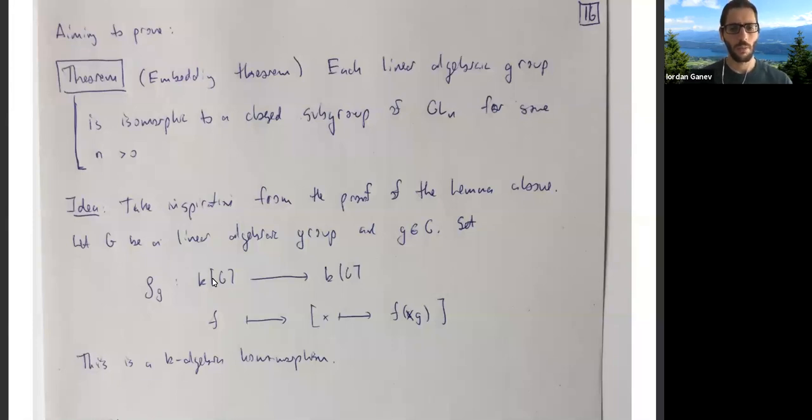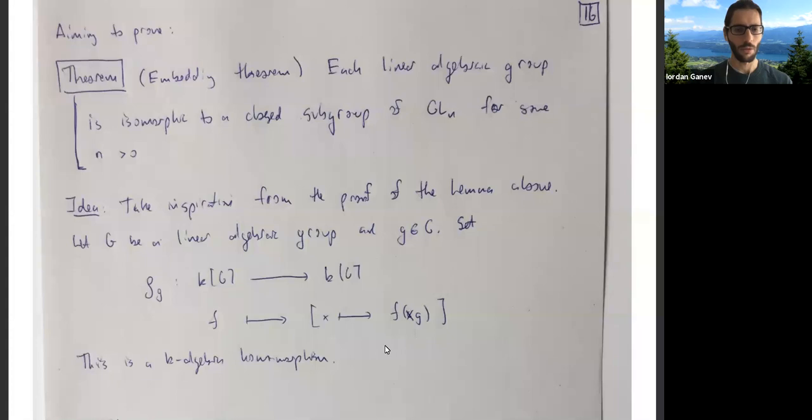But we can still think about an action of G on it. If we take any little g, then there's an algebra homomorphism, in fact an automorphism, that I'll call rho sub g, that takes f, a function on G, to the new function which just first multiplies x on the right by g, and then you apply f.